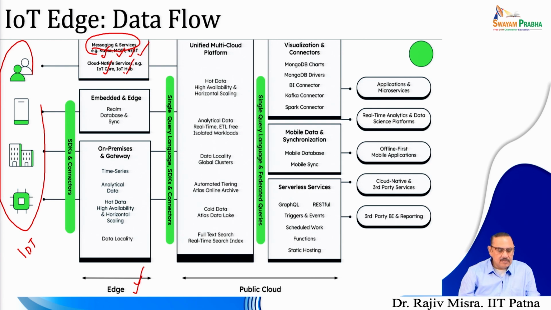So, here you can see that this embedded edge will have the embeddedness of, or support the technologies for, the database, and this particular gateway also supports the connectivity at the edge for time series data analytics to be performed at the edge, and these analytics are called hot data analytics because they have to support the stream analytics like we have seen in the previous figure, and also ensure the data locality.